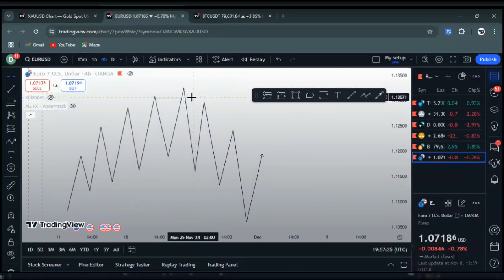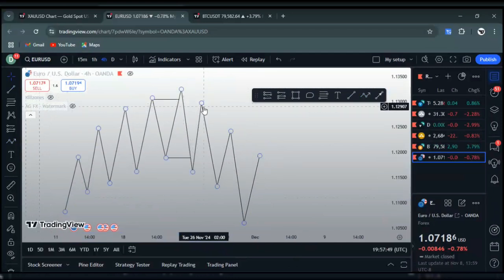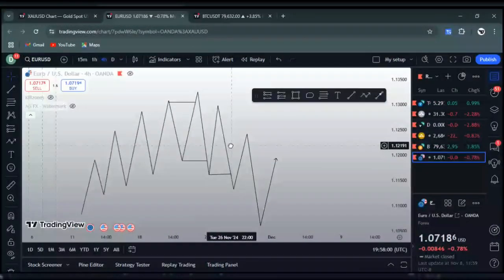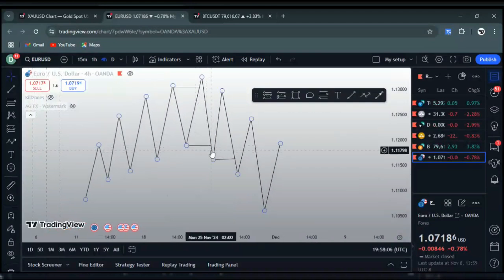So if this low gets taken out, then it goes up and fails to break this high, thereby coming down to break this low, then it validates the change of character. But when you see that the market has broken this low and has gone up, don't expect a sell until you see a rejection to the downside and a valid break of structure.